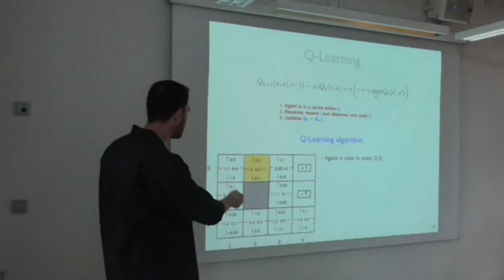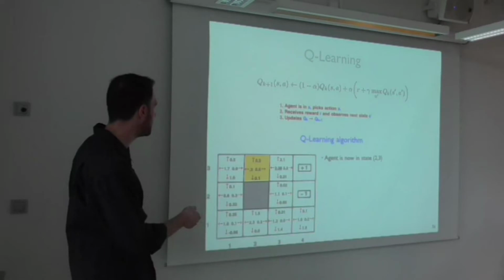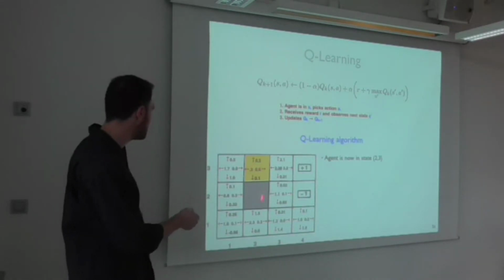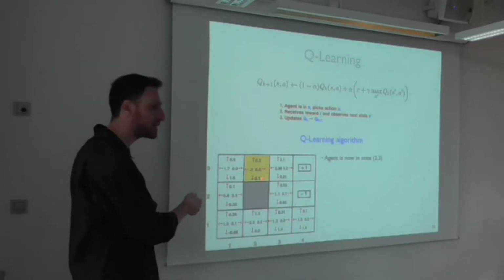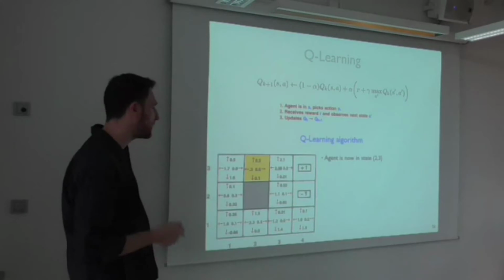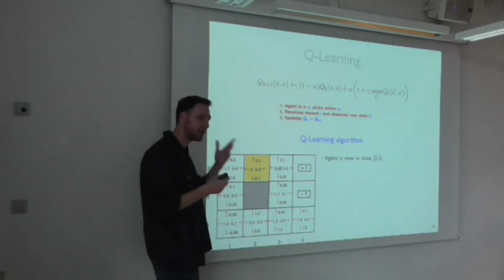And then what happens is the agent actually goes to that state and it repeats the process. So here the state would be 3.2. What is the action that it will take? Right, because that's the highest Q value. And what is the next state that would result from that action? Again, it's stochastic.